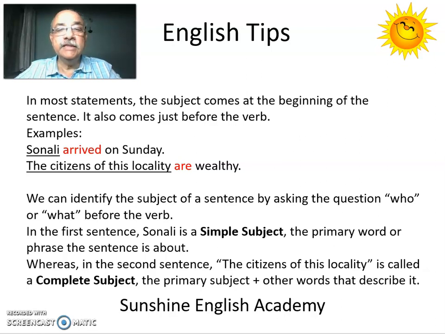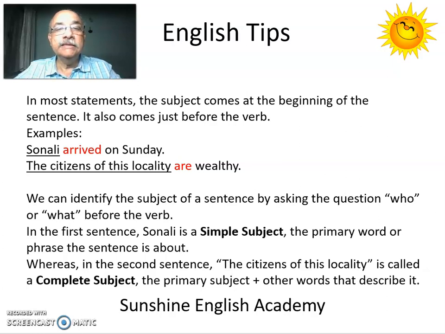Now in the first sentence, Sonali is called the simple subject. That is the primary word or phrase the sentence is about. The sentence here is about Sonali. A complete subject is the primary subject plus other words that describe the primary subject or say something about the primary subject.